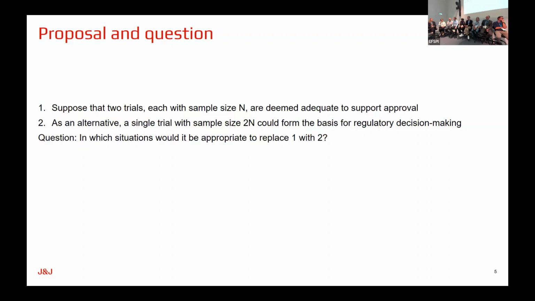So in that situation, if you are just going to do study 1 and study 2, then my personal preference would be a 2N trial, because then you will get a much more precise estimate of your treatment effect. But if you have the opportunity to do 2 independent trials in different settings, then maybe 2 different trials are important. Again, it depends. So that's my take.